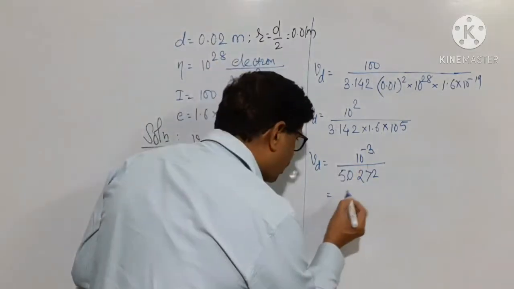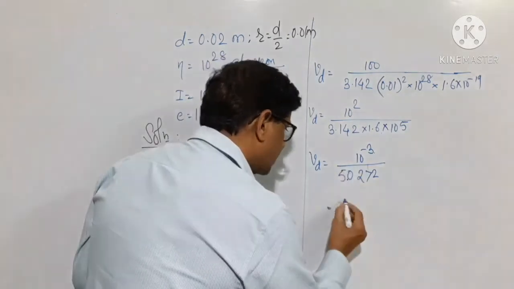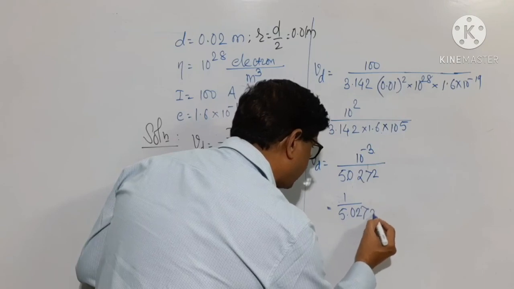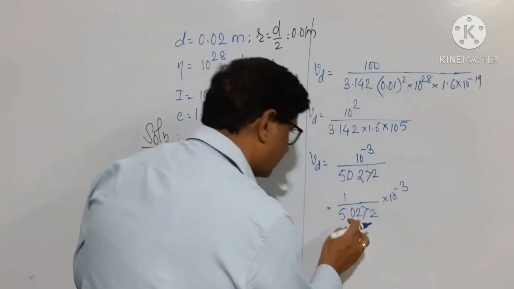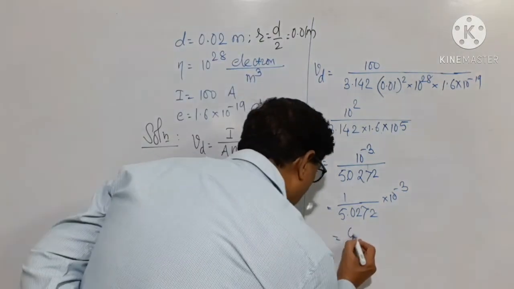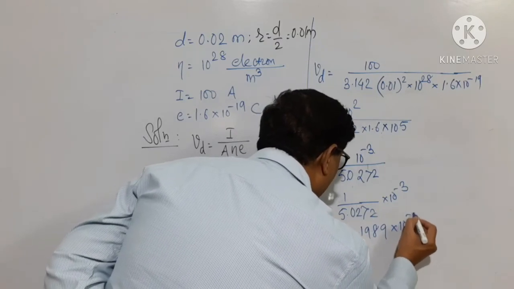And if you see in the log table, the reciprocal of this, 1 upon 5.0272 into 10 to the power of minus 3, is equal to 0.1989 into 10 to the power of minus 3.